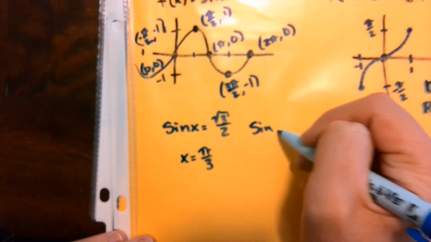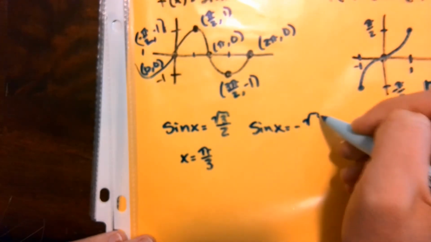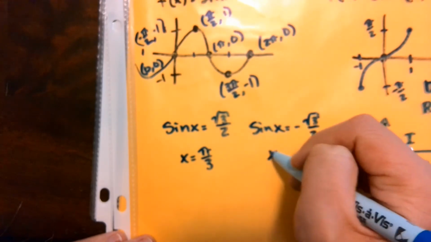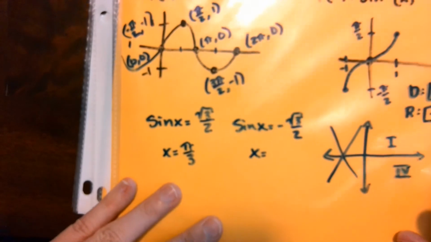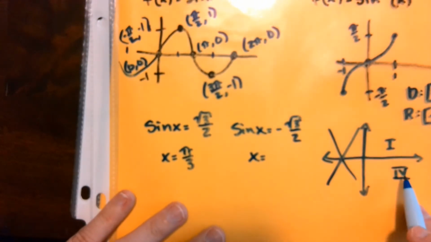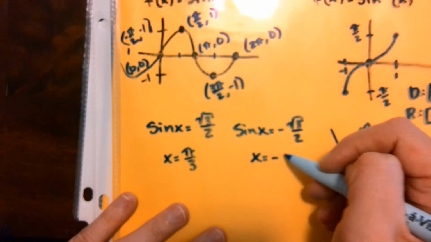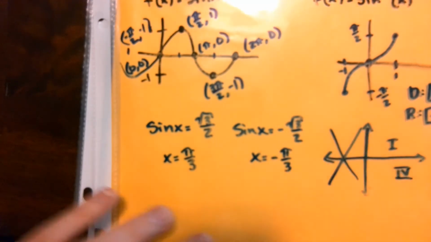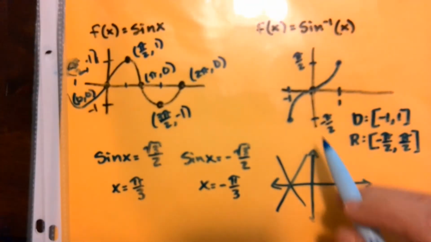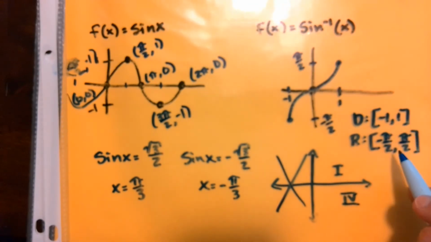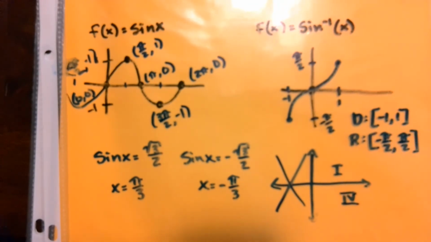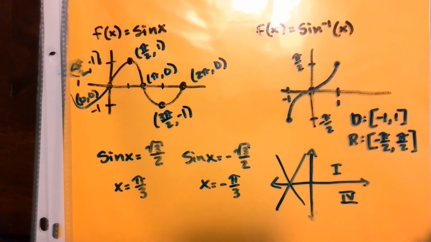Whereas if I have sine of x equals a negative radical 3 over 2, I know that the reference angle is still pi over 3, but it's going to be in the fourth quadrant and it's going to be negative. So I'm going to have a negative pi over 3. All because of this restriction on the graph, that I have to have a domain in between -1 and 1. I have to have a range in between negative pi over 2 and pi over 2.